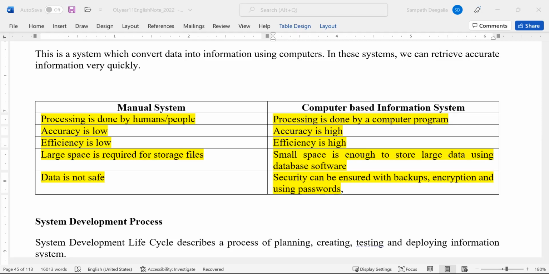What do you mean by life cycle? Yes, Yanula? What do you mean by life cycle?